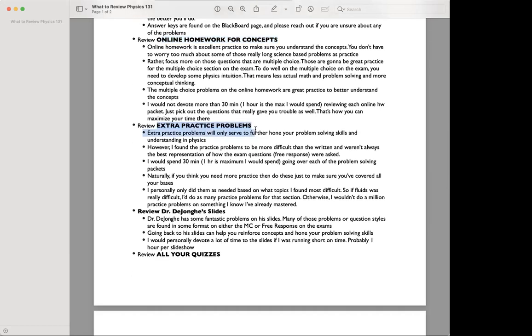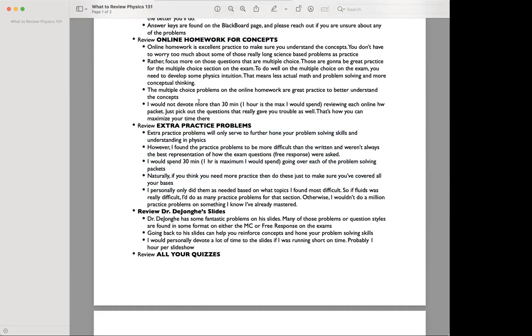There are extra practice problems, I believe, on Blackboard. In my experience, I never used them too often. I might have used them once or twice if I was really having trouble understanding a concept or a specific chapter. I don't think they're absolutely necessary, but really, the more practice you can get, the better.